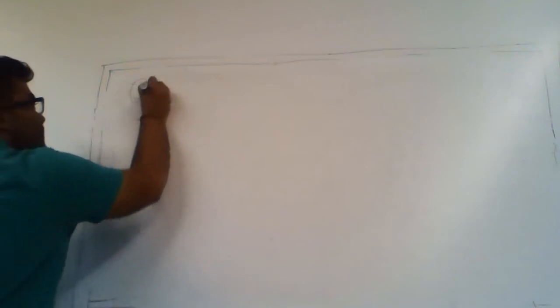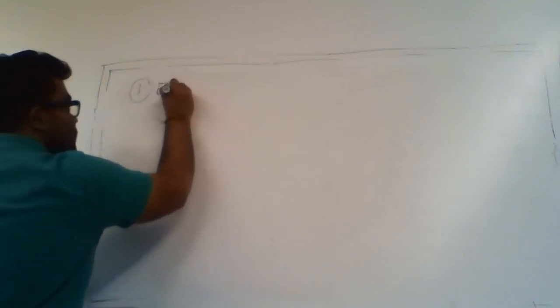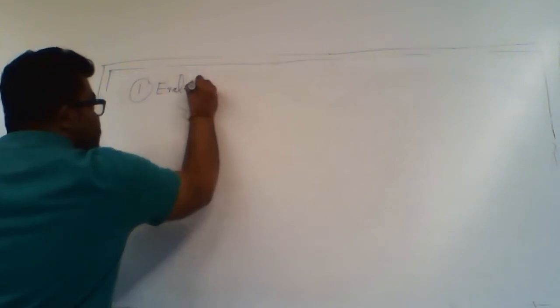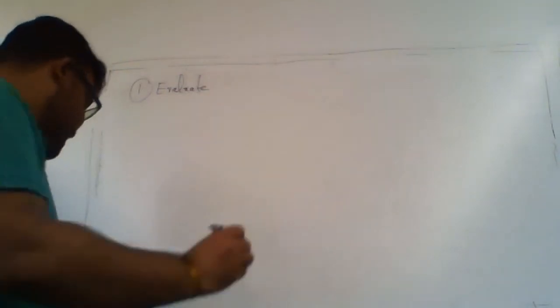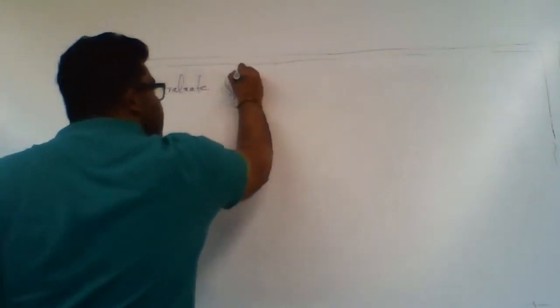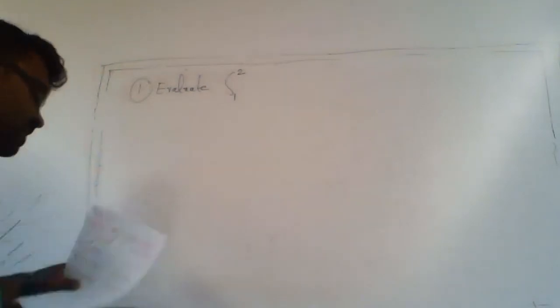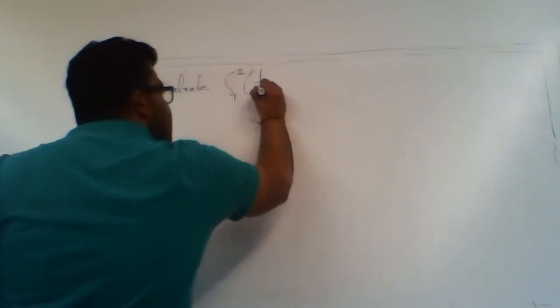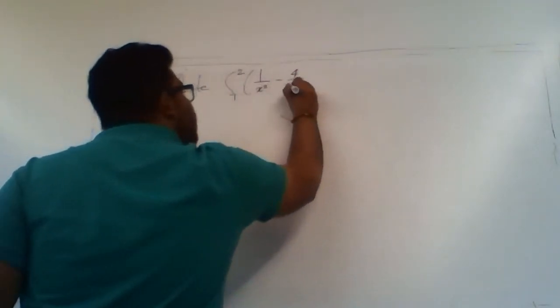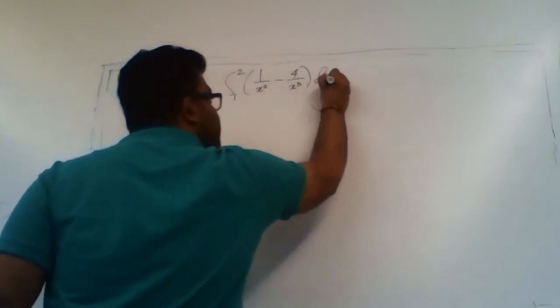So the first problem is evaluate the integral from 1 to 2 of 1 by x square minus 4 by x cubed dx.